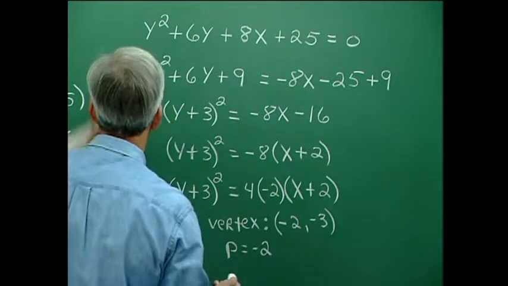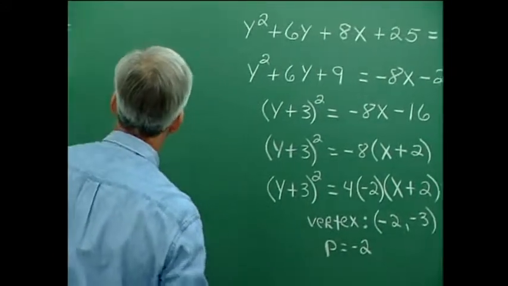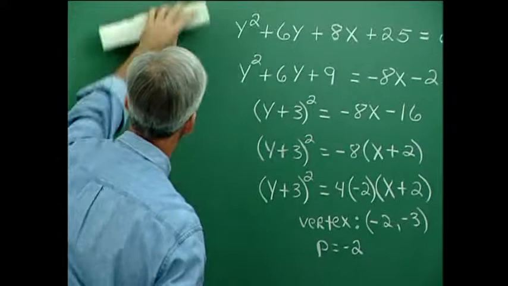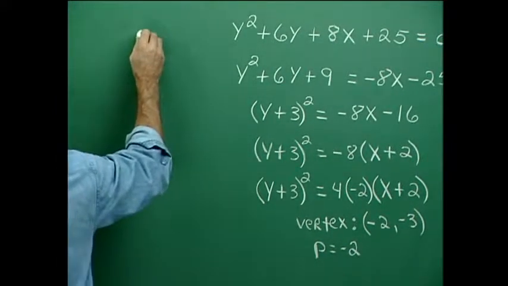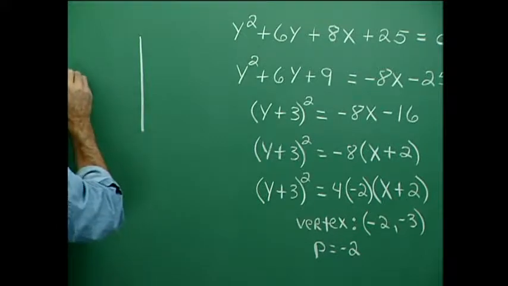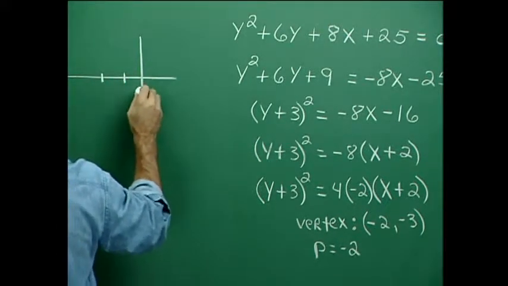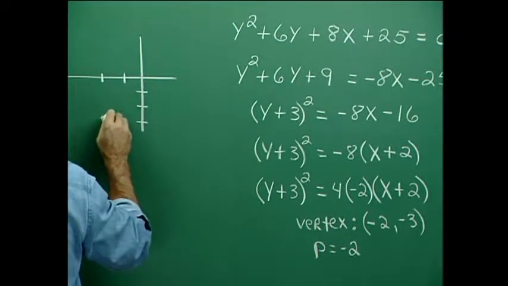Now let's sketch the graph. Let's come back this way. Let's see, the vertex is at negative 2, negative 3. Here.